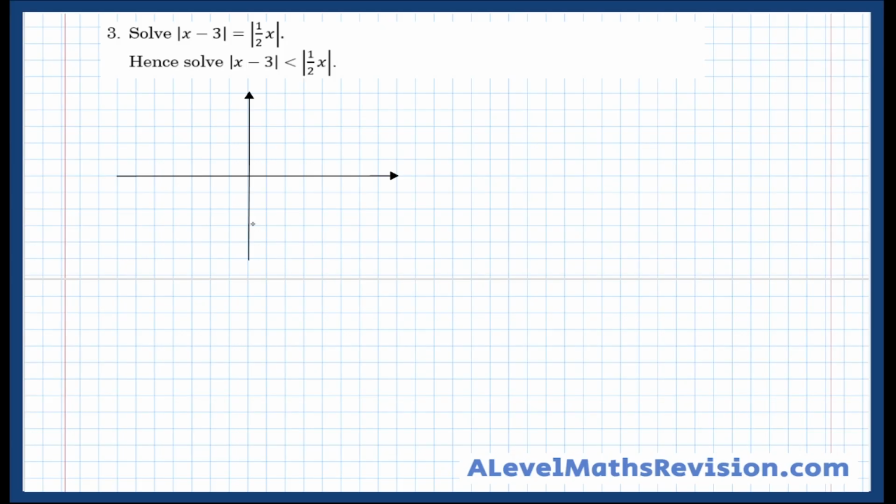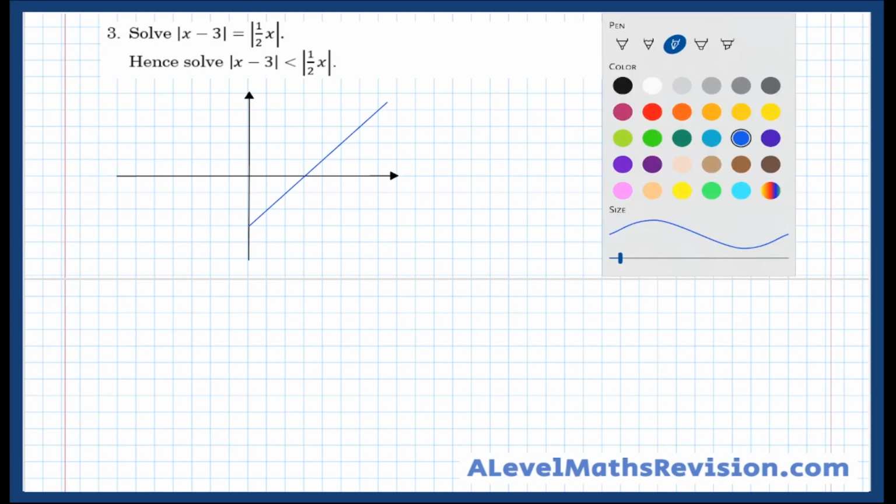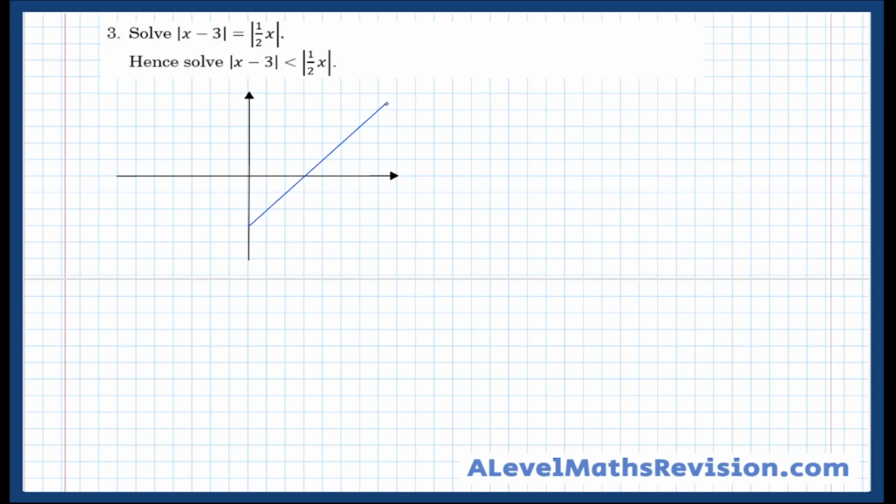So modulus of x minus 3. Well, x minus 3 looks like that. So the modulus of x minus 3 will look like this here, which has x-intercept 3, and it did have y-intercept -3, but since it's been reflected upwards, that's become 3.